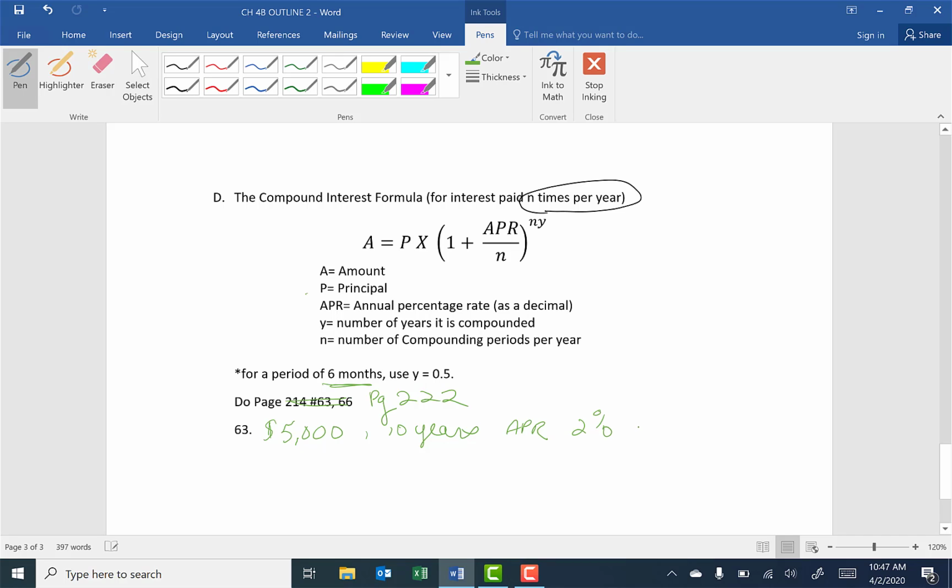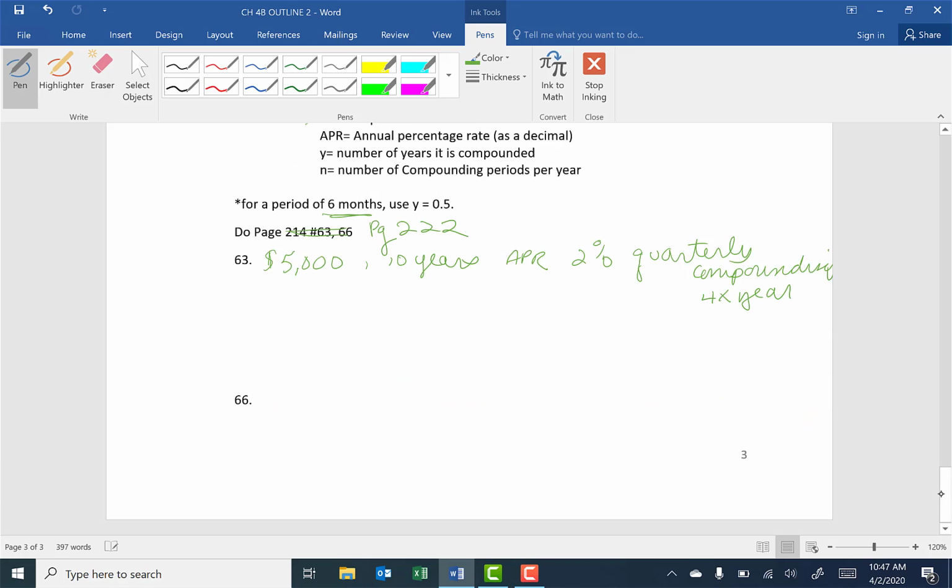And it is quarterly compounding, which means 4 times a year, since quarter means 4.